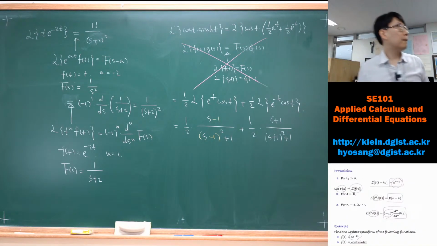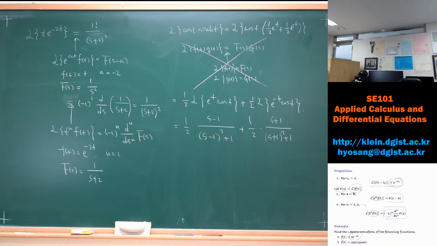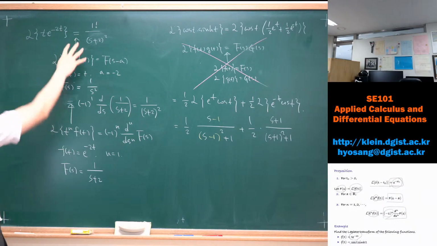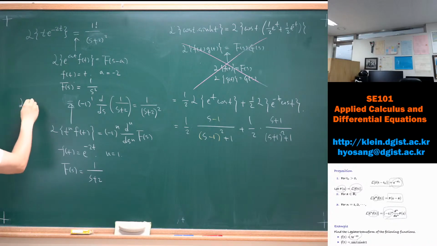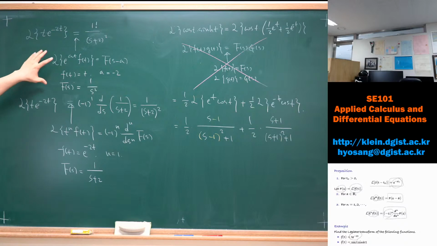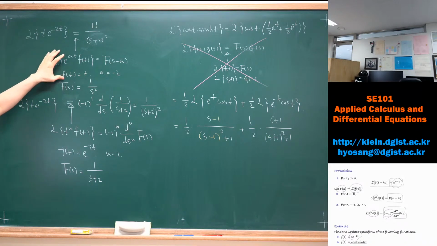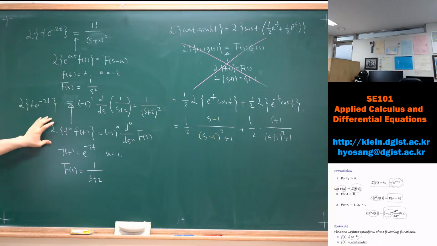So there's no order. This is a two-way of solving this Laplace transform. The same Laplace transform can be solved by the first proposition, or proposition 2, or proposition 3 in the second method.